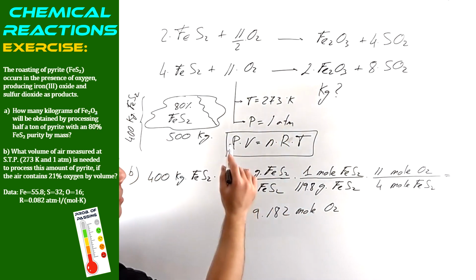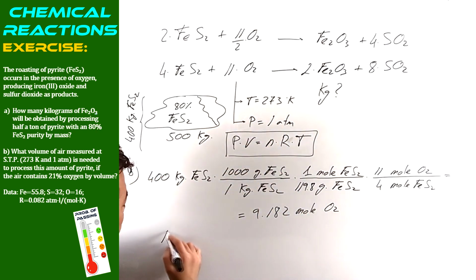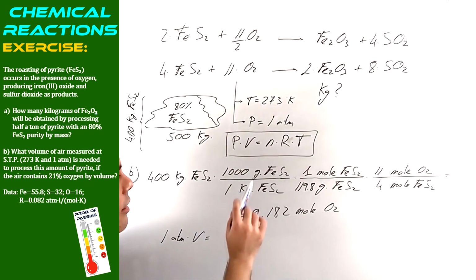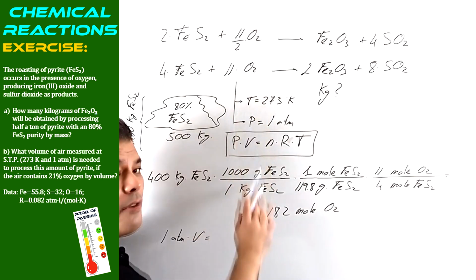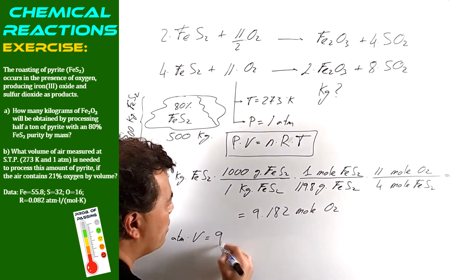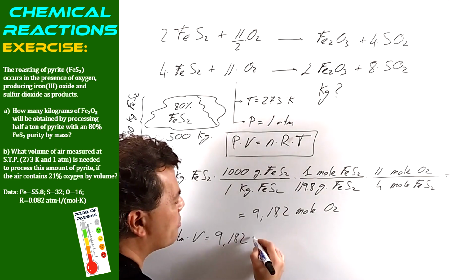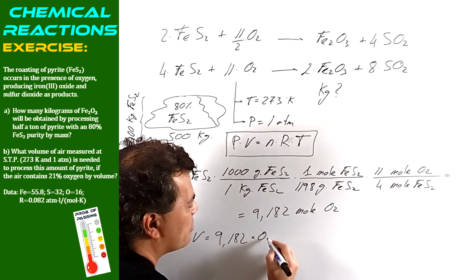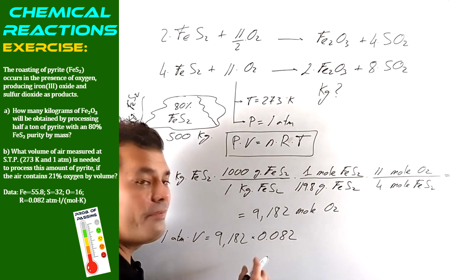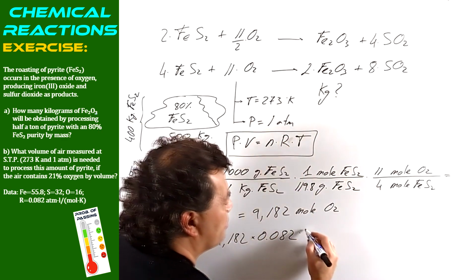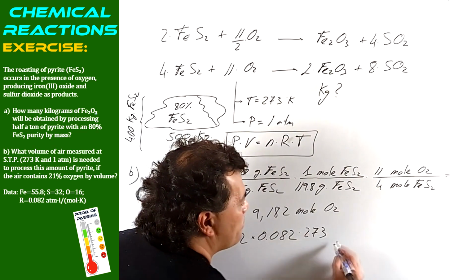That is pressure, 1 atmosphere. The volume is what we are asked to calculate. Number of moles of oxygen, 9,182 moles, multiplying 0.082, the Rydberg constant, as you can read from the statement, and temperature, 273.